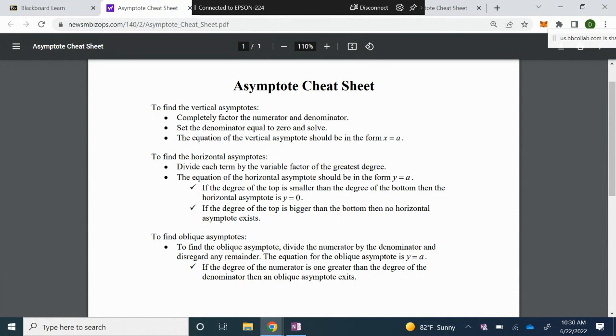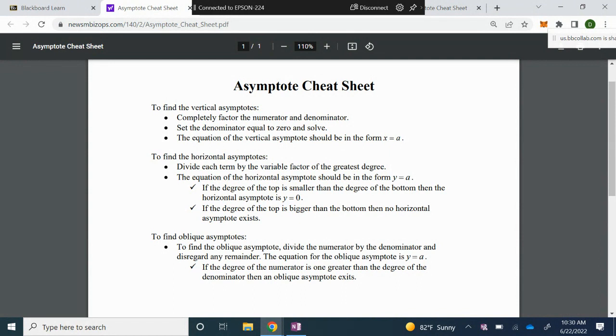That first checkpoint says if the degree of the numerator is smaller than the degree of the denominator, then the horizontal asymptote is automatically y equals 0. Okay.